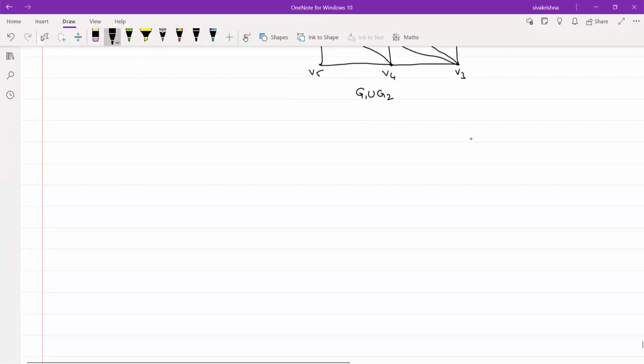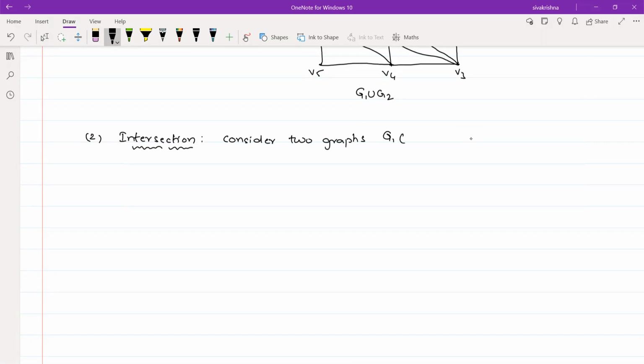Coming to the second one, that is intersection. Write down the definition. Consider two graphs G1 (V1, E1) and G2 (V2, E2).